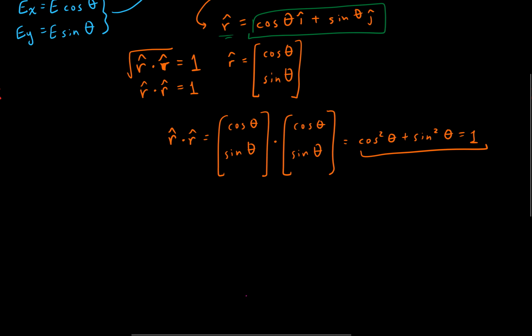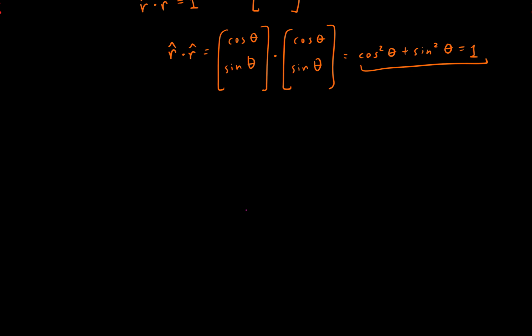Okay, so a lot of people didn't like this matrix notation and even more hated it. So we're going to do the dot product using just simple algebra here. So here, let's remind ourselves, r hat was cosine theta i hat plus sine theta j hat, right?